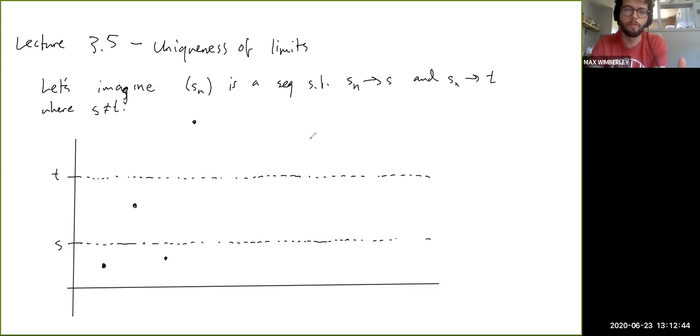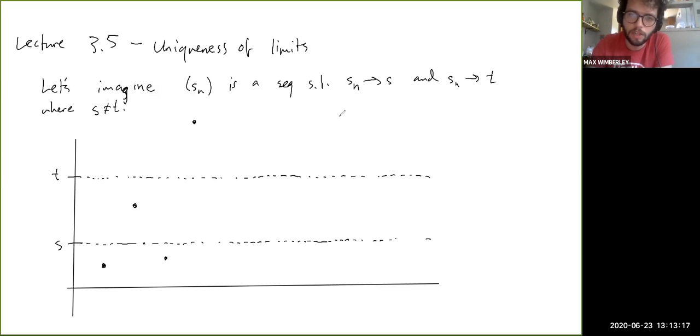Because we assume that Sn converges to S and that Sn converges to T, we can pick whatever number epsilon we want. Then that assumption of convergence guarantees that some number capital N will exist according to the definition of convergence for S, and another number will exist for the definition of T. But the key here is that we can pick a value of epsilon at the beginning.